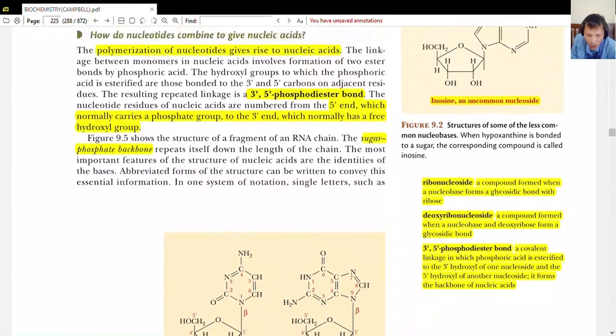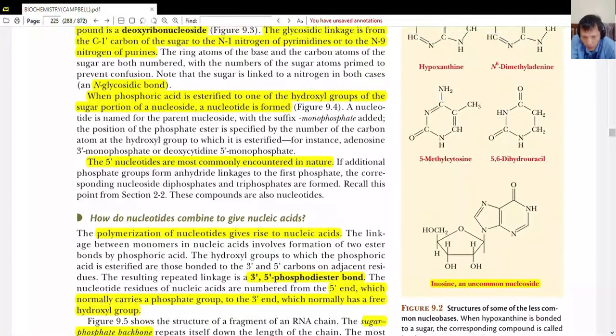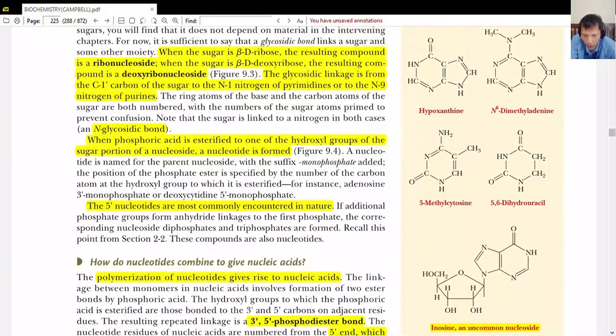Okay, so how do nucleotides combine? Going back to the glycosidic linkage, it is from C1. See, the carbon is being numbered. The glycosidic linkage, glyco from the word sugar, is the sugar linkage from carbon 1 of the sugar through the nitrogen 1 of the pyrimidines, that nitrogenous base.